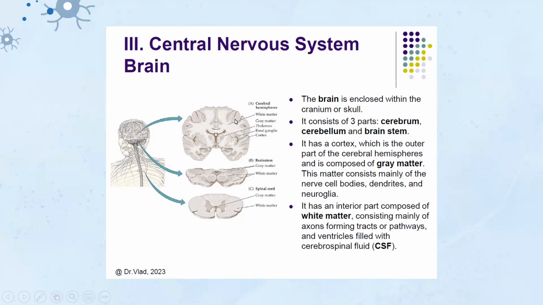And the interior part, so we said that the outer part is called the gray matter. What should the interior part be called? The white matter. The white matter has the axons that form the tracts and the pathways, and also the ventricles. These are the ventricles that are filled with cerebrospinal fluid.